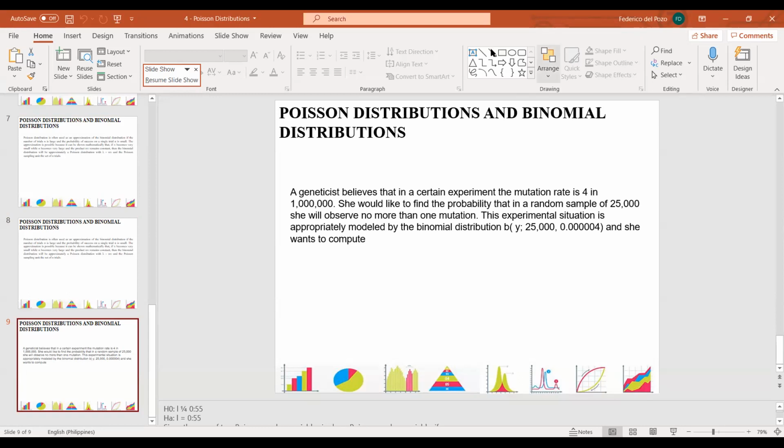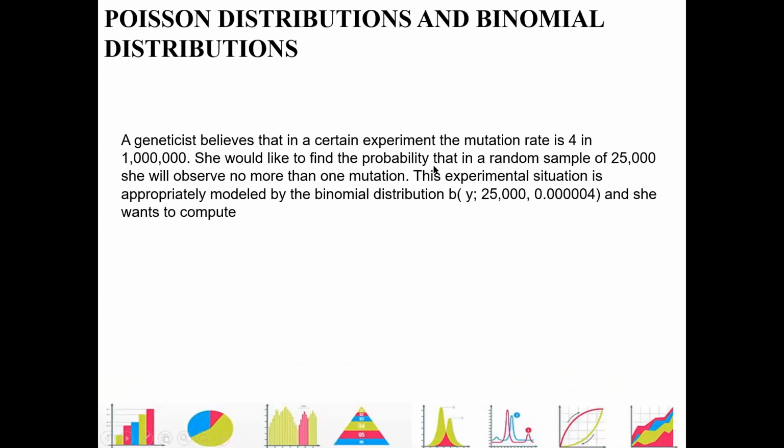So, ang implication lang nun, if hindi siya kayang isolve ng binomial distribution dahil too many values, a large value of n and yung probability mo is too small, then you can use a Poisson distribution to compute for the probability.